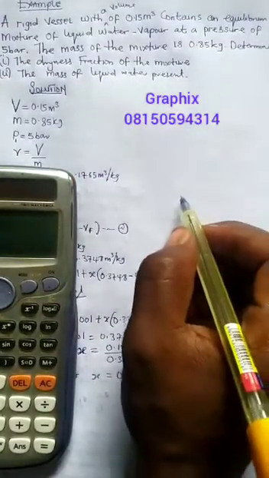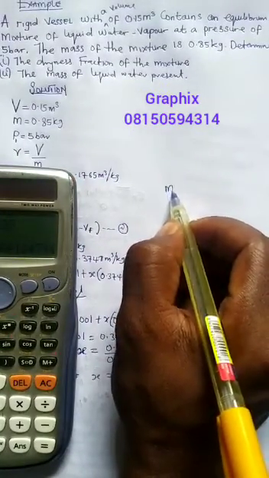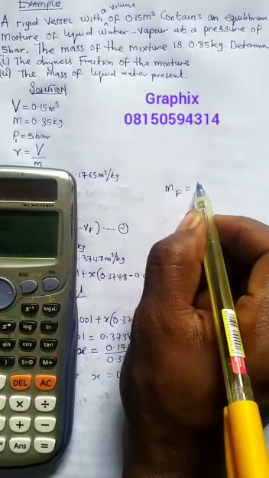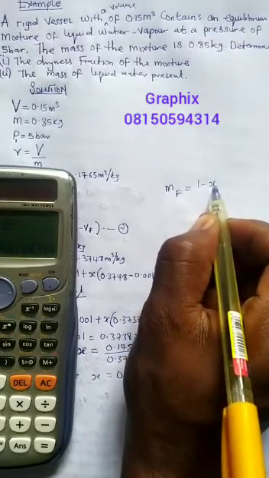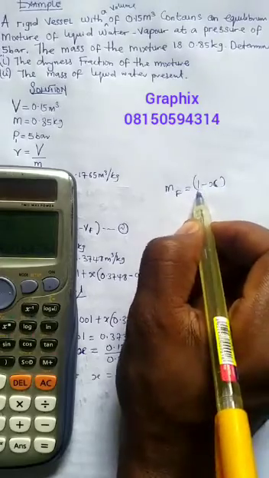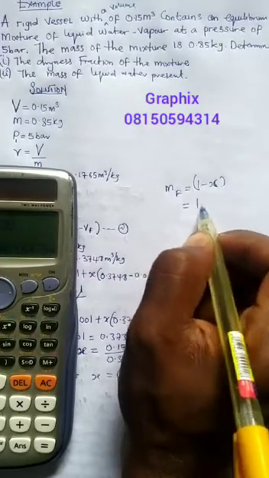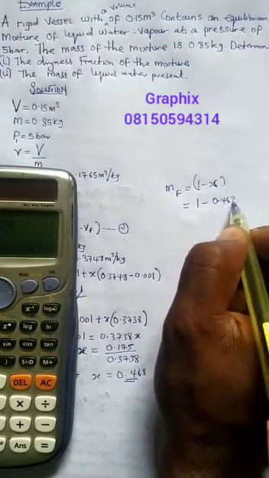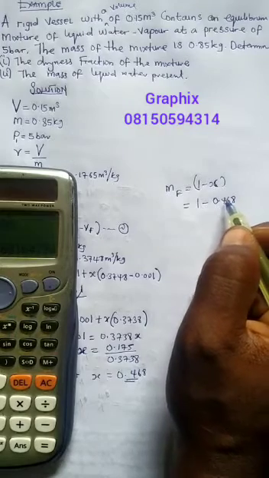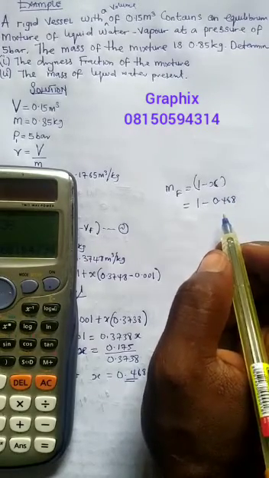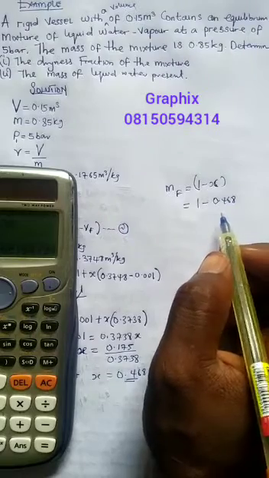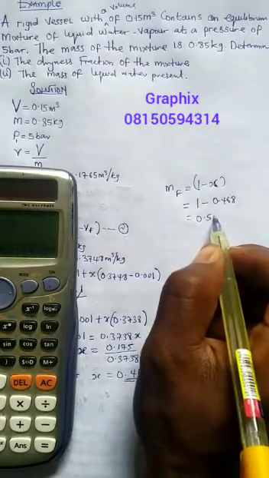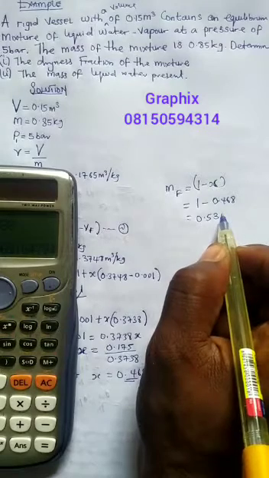So the next question here is to calculate the mass of the liquid water present. The mass of the liquid water present, mf, is equal to 1 minus x, 1 minus the dryness fraction. Are we good? So we have 1 minus 0.468, which gives 0.53 kilogram.